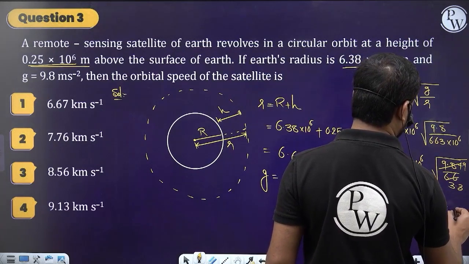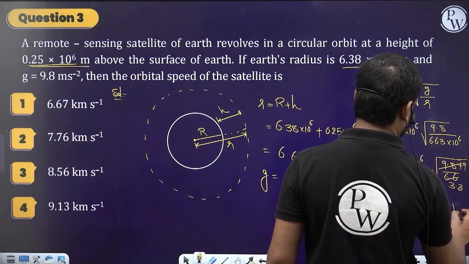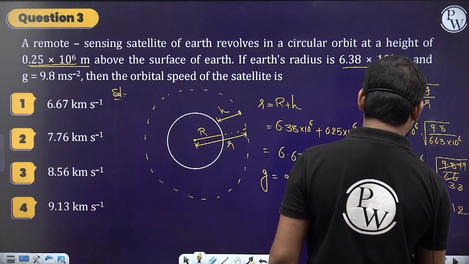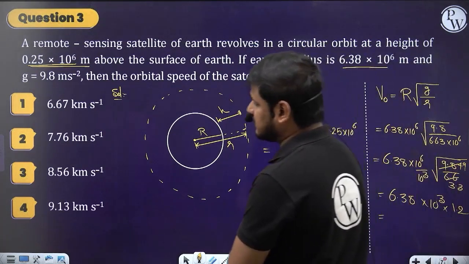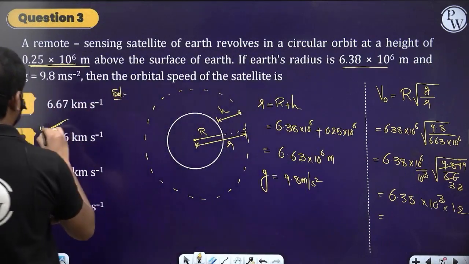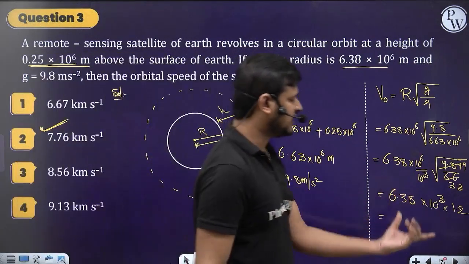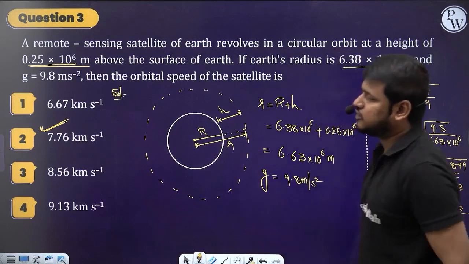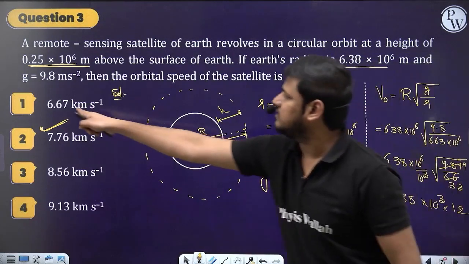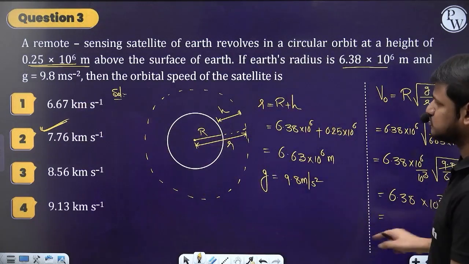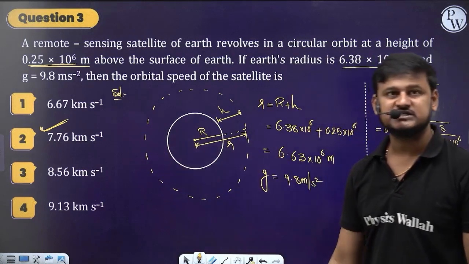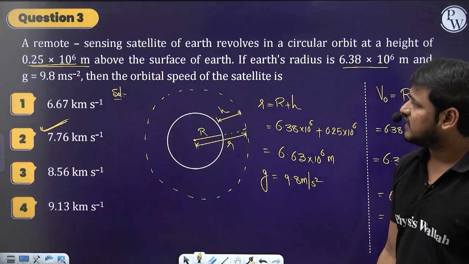So 1.12 means 1.1, 1.2, something like that. See, it comes out to be somewhere around 7 point something. So you can choose this option, guys. If you want, you can do the calculation. So go for the second option, because it cannot be 6.38, that is very close to one. So 7.76 I'll go with. Okay, now done.